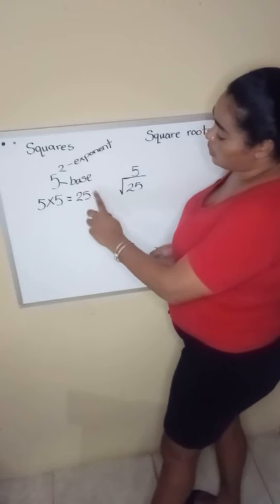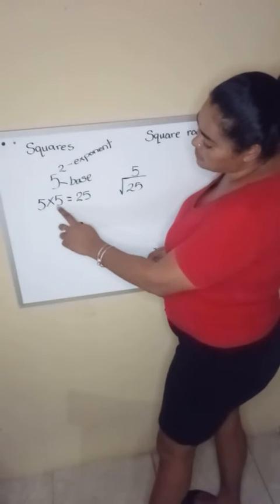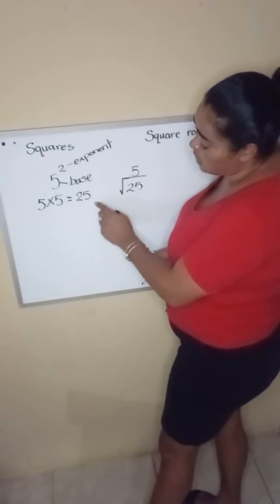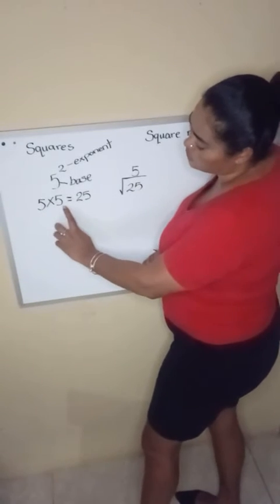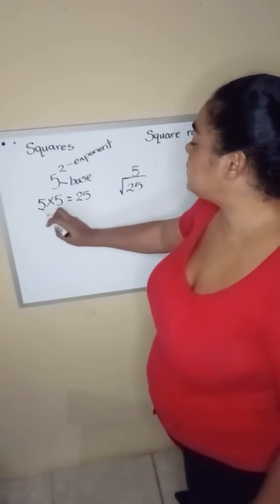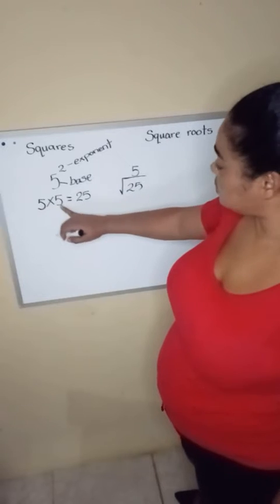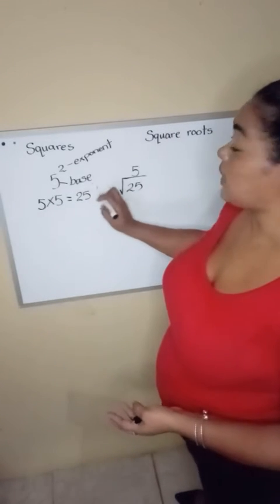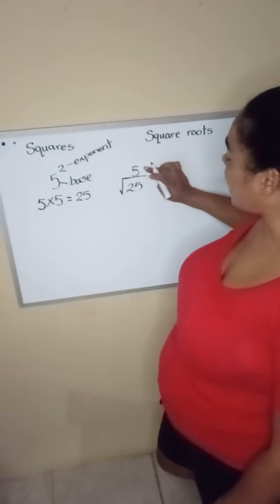So, on one end, we have squares, right? 5 times 5 will give you 25. This is called a square. And when you're given the square and you want to find out this part here, this part is called the square root. Okay? These numbers are called the square root. Okay? What times what gives you the perfect square? That is called the square root. Okay? That will be 5.